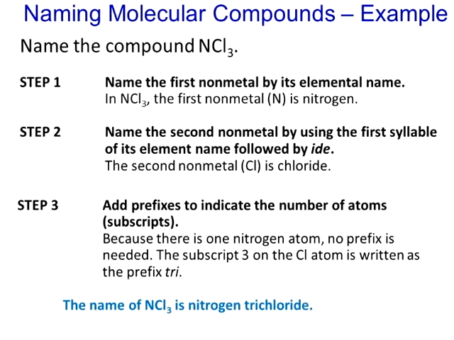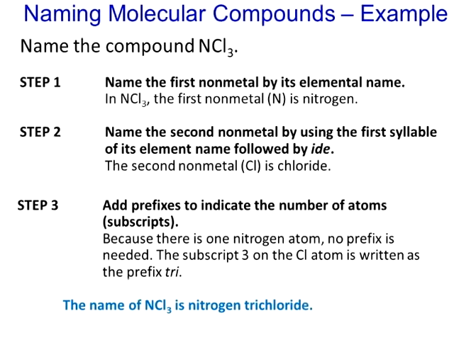Then you must add a prefix to indicate the number of atoms for each of these species. Okay? Because there is one nitrogen atom, no prefix is needed. When there's only one atom of the first element, do not use mono. Do not use mono for the first atom when there's only one.